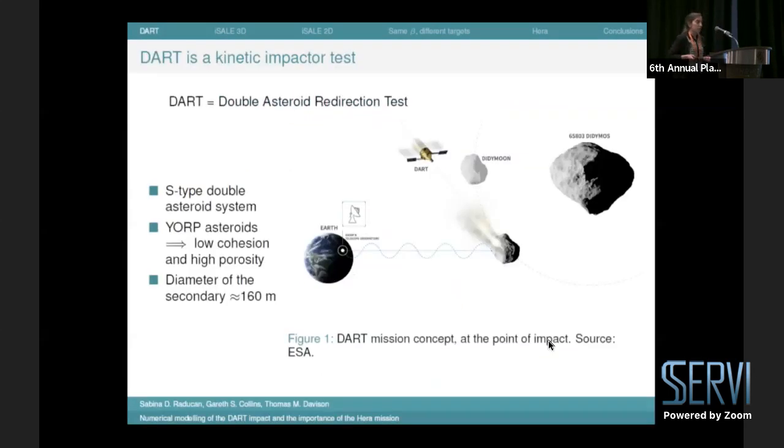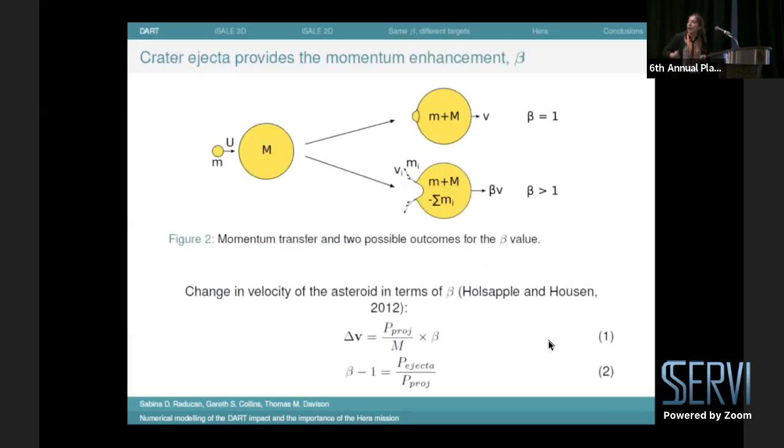You've seen quite a lot of presentations today about Dart and how it's going to impact the Moon and deflect it by an amount that will be detectable from the Earth observatories. Today we're going to talk quite a lot about the momentum enhancement, beta. You've seen from Angela's presentation and the others that we can determine beta from the ejecta, so I'm not going to go into that more.